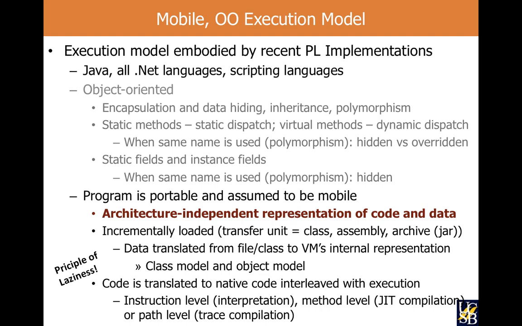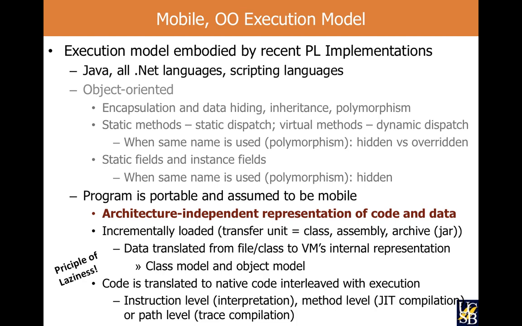You only load and transfer what you're going to use during execution. It's really a principle of laziness. That is, you only do the work necessary for the particular execution of the program that is happening right now. You're not going to load the entire program if you're only going to use a piece of it. You're not going to translate class files that you're not going to execute or use in any way.